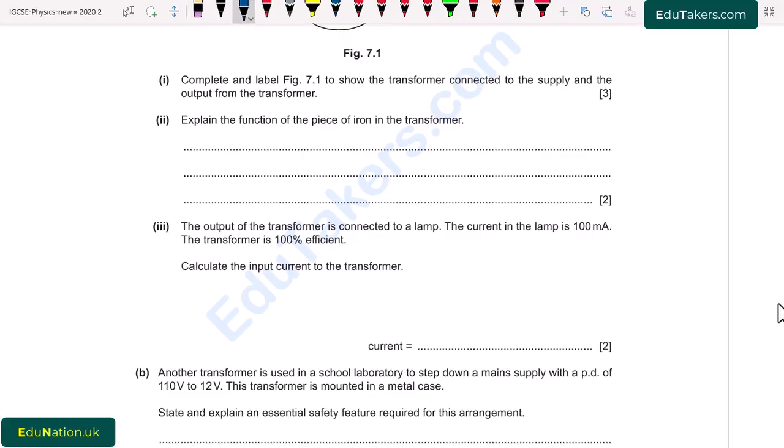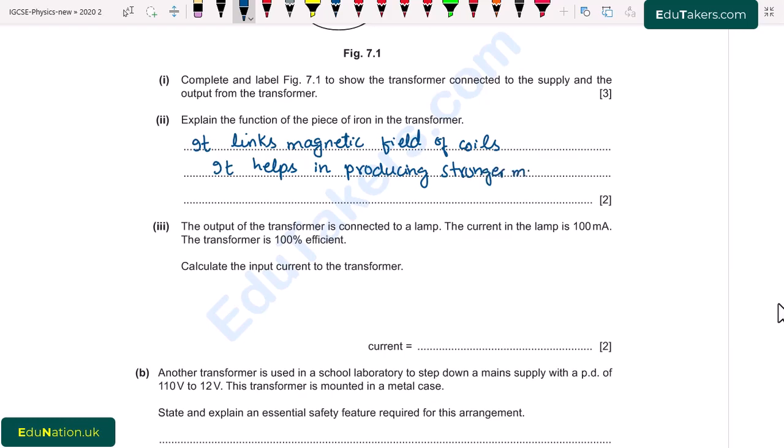So I write here, it links magnetic field of coils, and secondly, it helps producing stronger magnetic field in secondary coil. Thus, better electromagnetic induction.